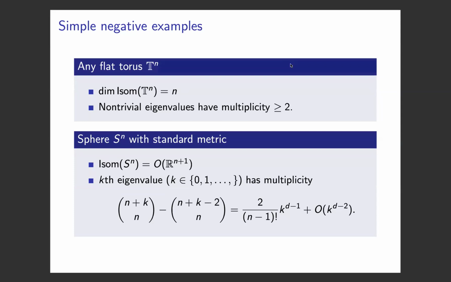I see. It's not a counterexample because it's not simple. There are no one-dimensional manifolds. Okay, thank you. So yeah, these are negative examples that don't satisfy the hypotheses, and also don't satisfy the conclusion.